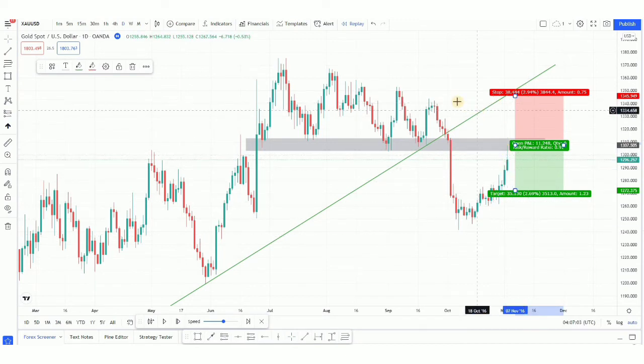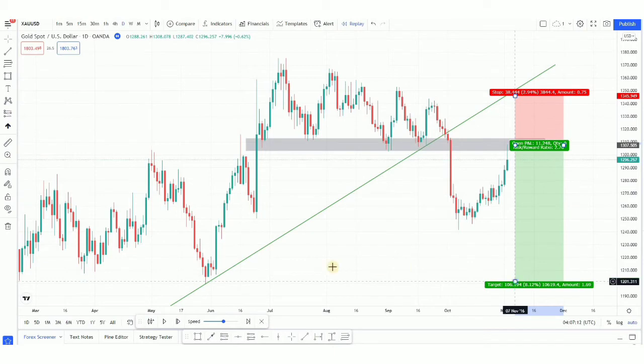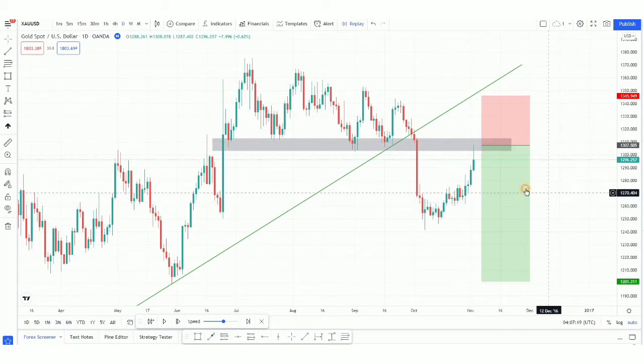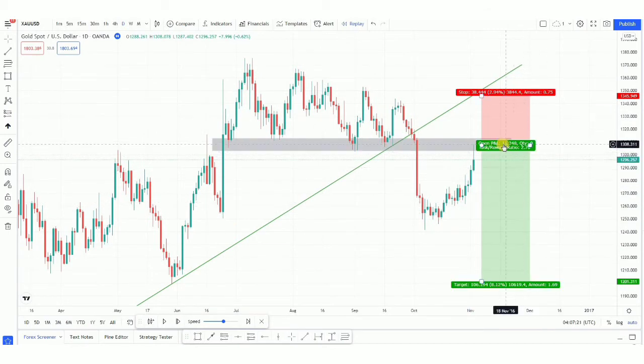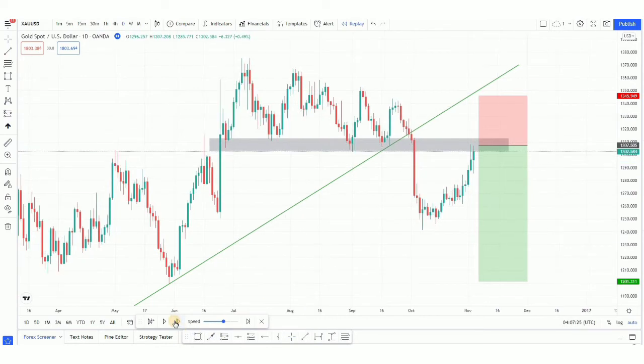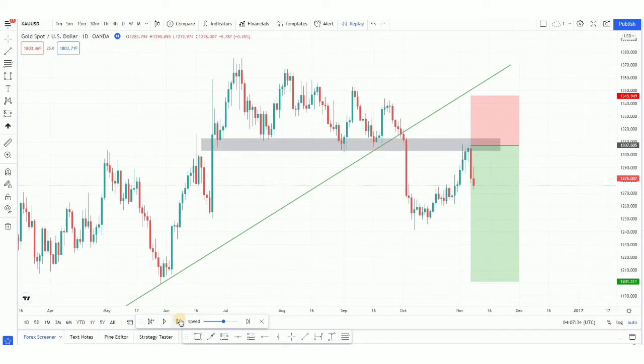That way I know that I have security. So I'm going to target this. This has a risk to reward ratio of 2.7. So let's see how this trade plays out. We can see that we are currently in profit.